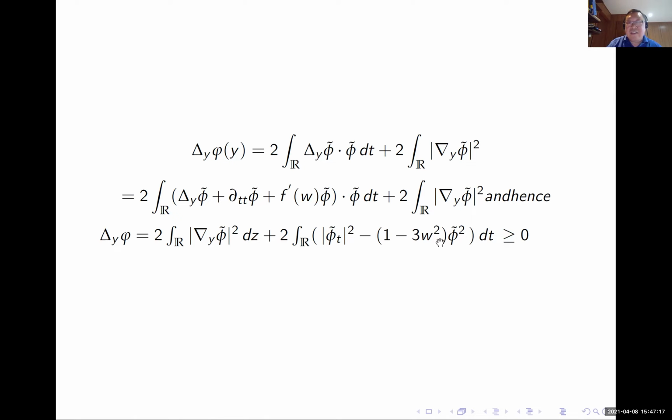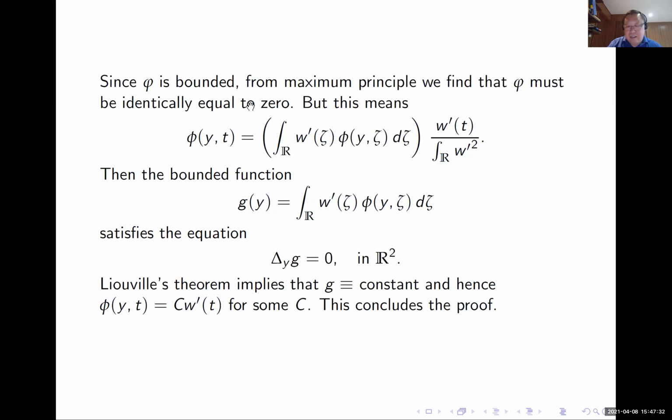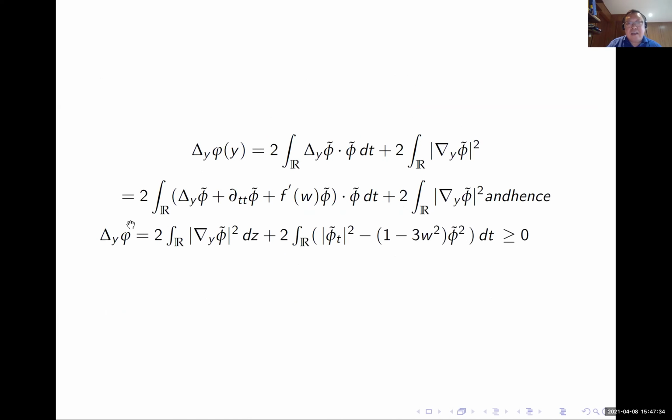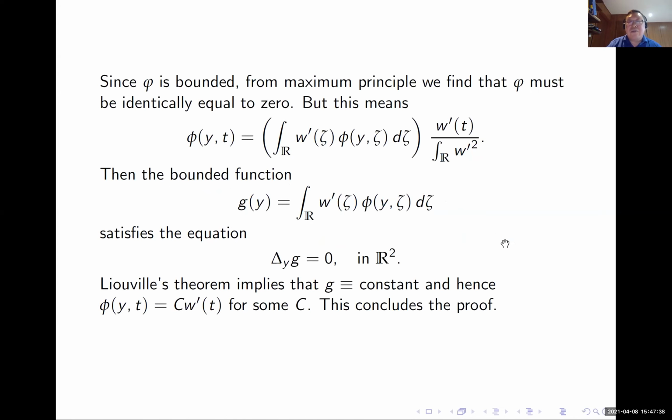The reason is that this part is non-negative, because we also have the orthogonality condition. And this is bounded, so you have a subharmonic function. By the maximum principle, phi must be 0.